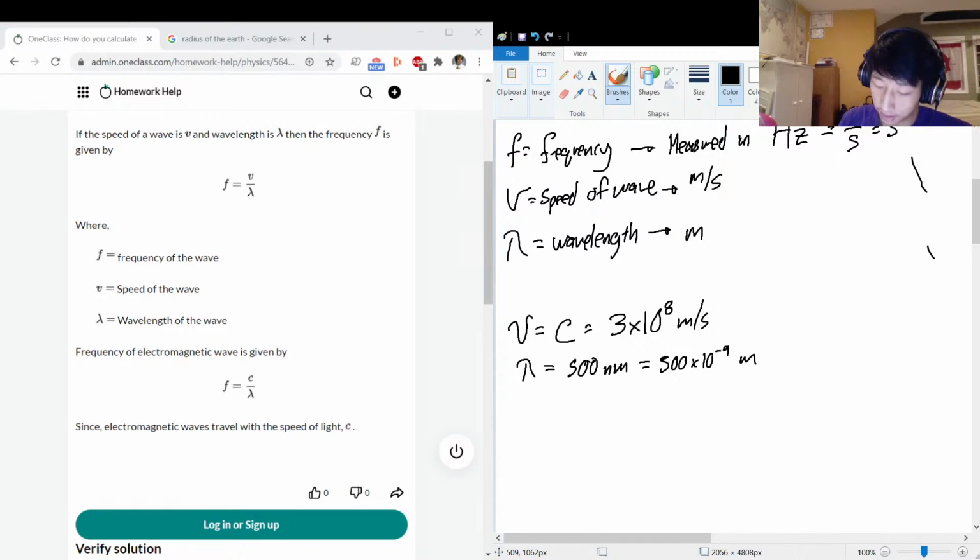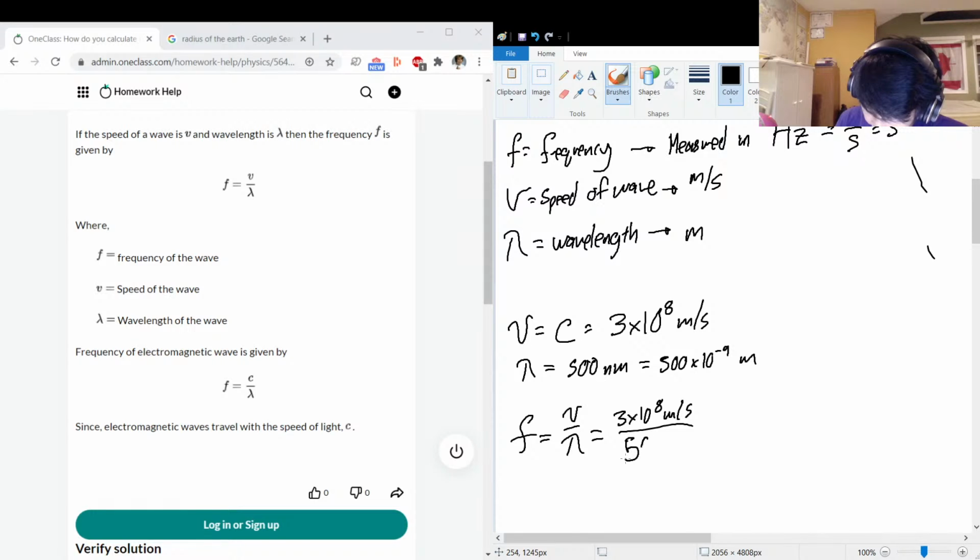So how do we find a frequency based on that? Our f is just going to be v divided by lambda. So v over lambda is equal to 3 times 10 to the 8 meters per second divided by 500 times 10 to the negative 9 meters.